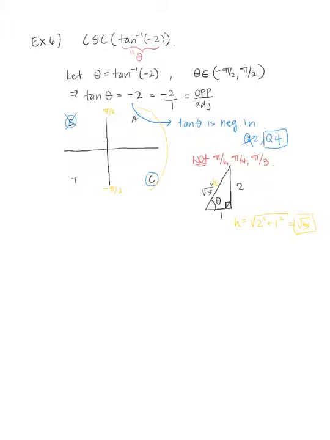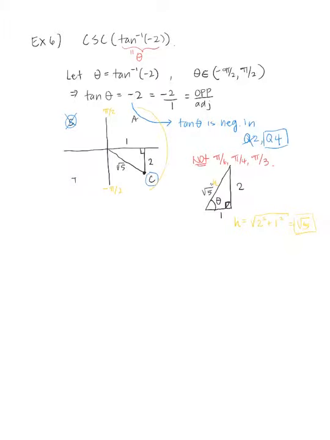So what we're going to do now is draw this triangle in quadrant 4. The length, this is completely drawn off the scale again, I apologize. So here's 1, 2, and then square root of 5.